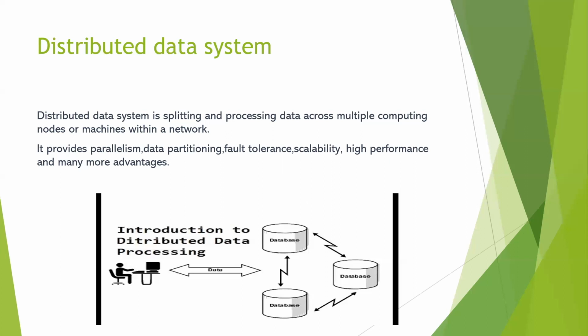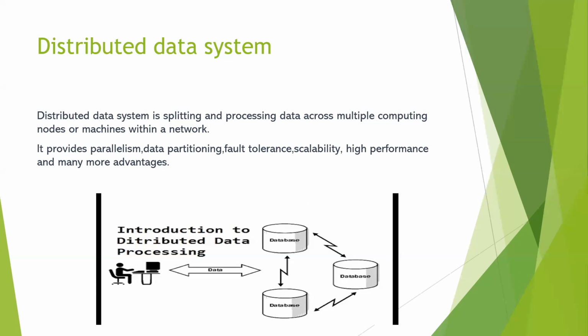If you have to process and analyze that high amount of data, then it is good to have distributed data. It provides parallelism, data partitioning, fault tolerance, scalability, high performance, and many more advantages.